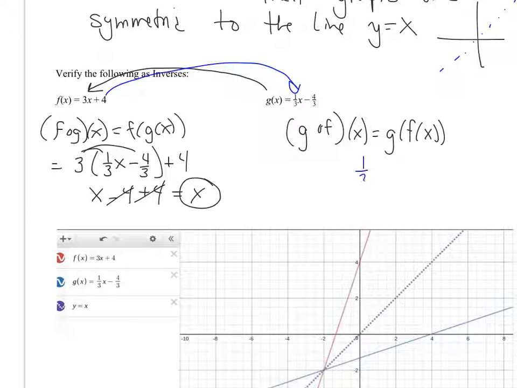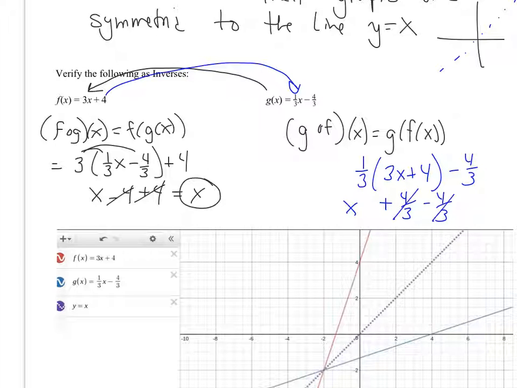So that would be 1/3 times (3x plus 4) minus 4/3. So when I distribute, I get 1x, because 1/3 times 3 is just 1, plus 4/3 minus 4/3. So this would also just equal x. So based on that, we know f and g are inverses.